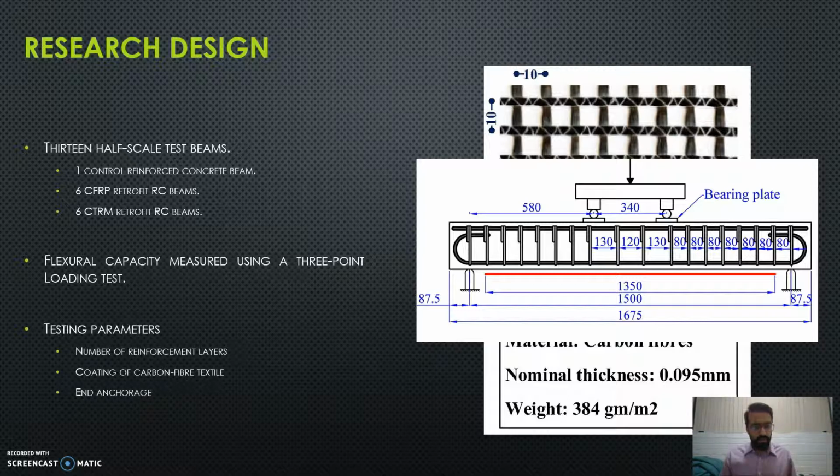The testing parameters are going to be the number of reinforcement layers that we apply, the coating of the carbon fiber textile itself, which would affect the adhesion to the RC structure, and obviously the end anchorage or the U-jacketing method that Herbert talked about or suggested in his research paper.